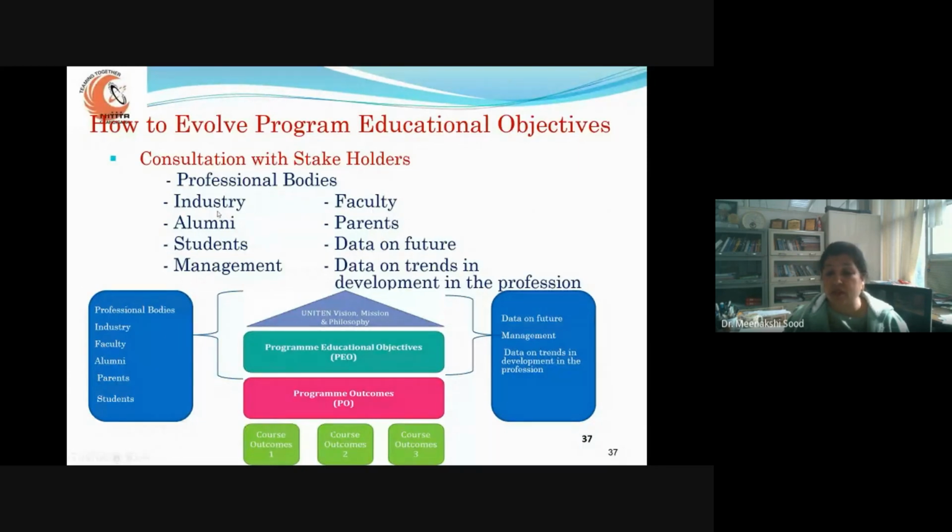All these stakeholders should be involved in the committee to frame the POs. And as I mentioned, it works both ways, the bottom up approach and the top down approach.